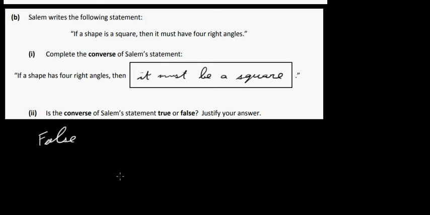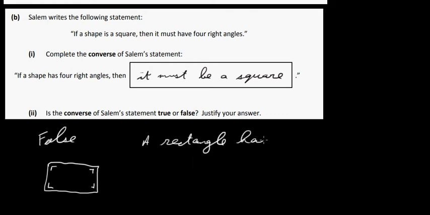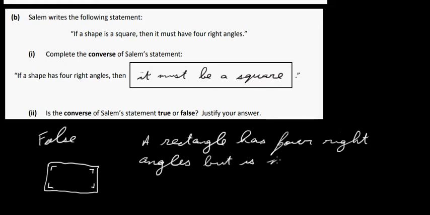And the reason is we can have a shape like a rectangle. So we have 4 right angles in a rectangle, but that's not a square. So you can just say a rectangle has 4 right angles, but is not a square.